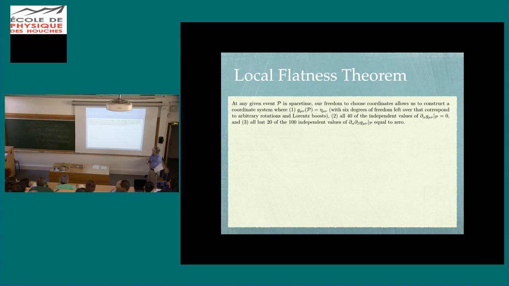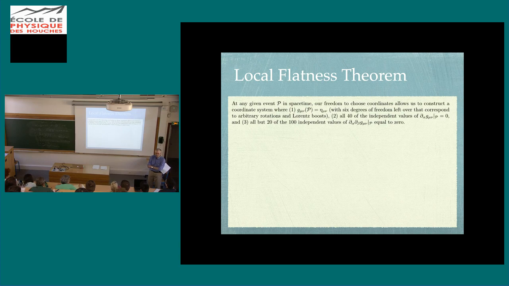Secondly, you still have 6 degrees of freedom left over, which correspond to boosts and rotations. And you can set all 40 of the independent values of the derivatives of the metric to 0.